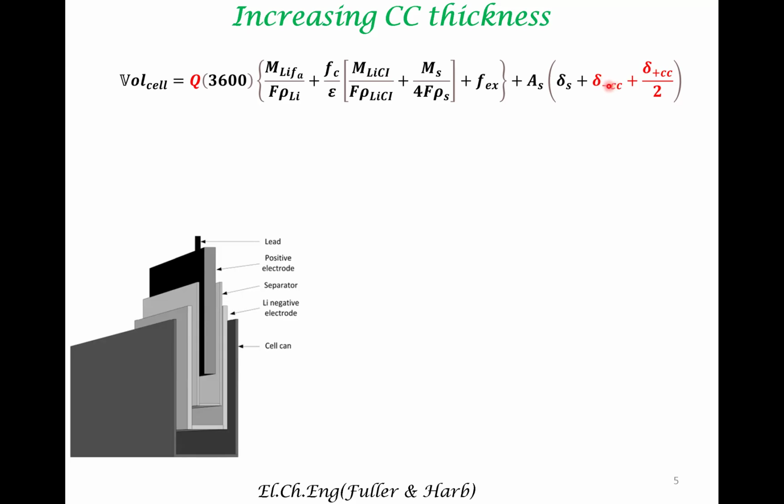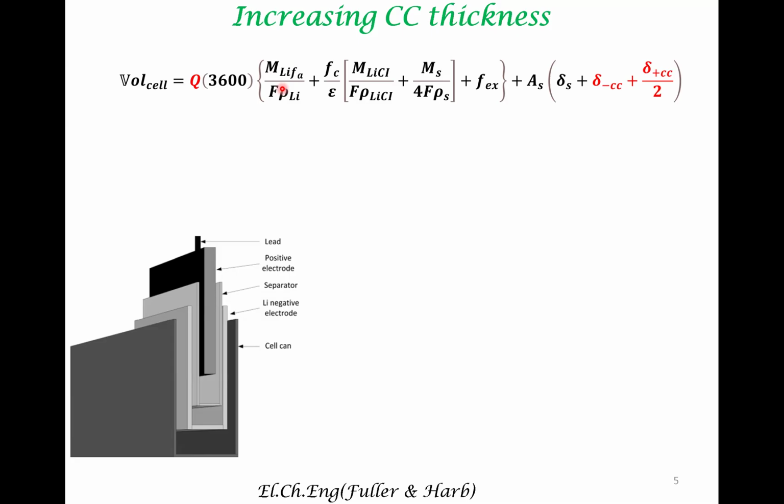But if you remember, the current collector in this battery chemistry is the negative electrode itself. So when I increase the thickness of the current collector for the negative electrode, I am also increasing certain other quantities. Therefore, that should also be taken into account.